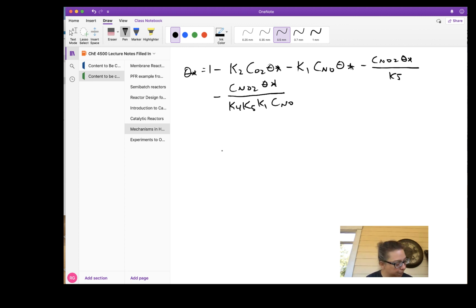So when you have an expression like that, that makes it easy to get an expression for theta star.